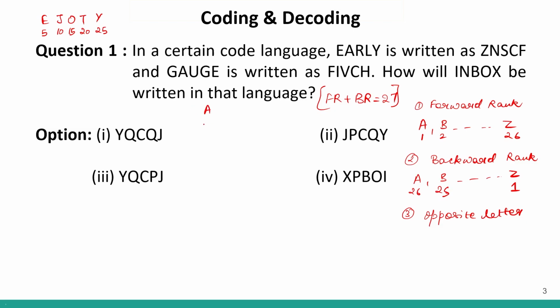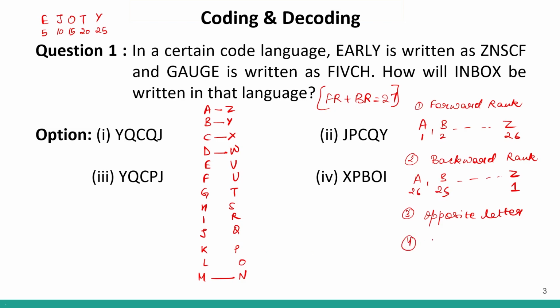So, if I write them like this, A, B, C, D, E, F, G, H, I, J, K, L, M. And then again I start from N like this: N, O, P, Q, R, S, T, U, V, W, X, Y and Z. If I arrange them like this, A is the opposite letter of Z, B is the opposite letter of Y, C and X are opposite letters, D and W are opposite letters, so on up till M and N are opposite letters. So this is the concept of opposite letters.